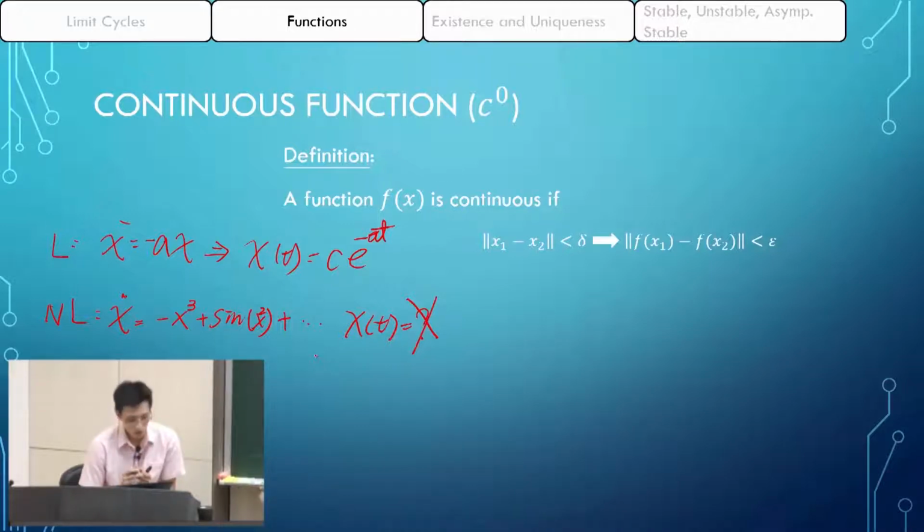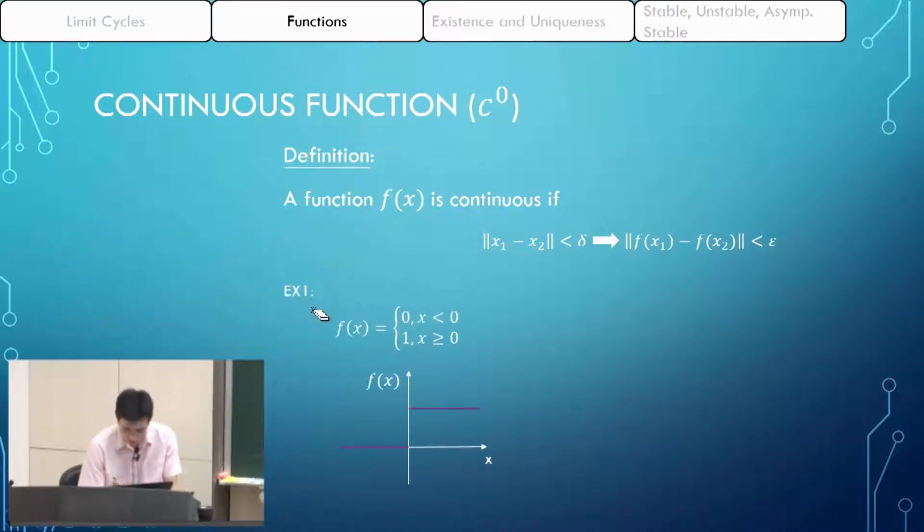Okay, so the reason we talk about functions is, given this kind of dynamics, you want to evaluate the existence of solutions and uniqueness of solutions.